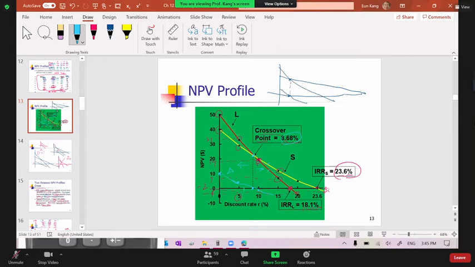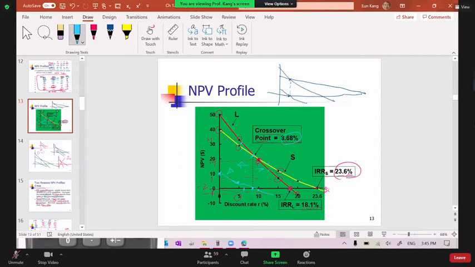Net present value of L is greater than net present value of S. So just choose L. Check. L has higher NPV, right? If your cost of capital is 7%.